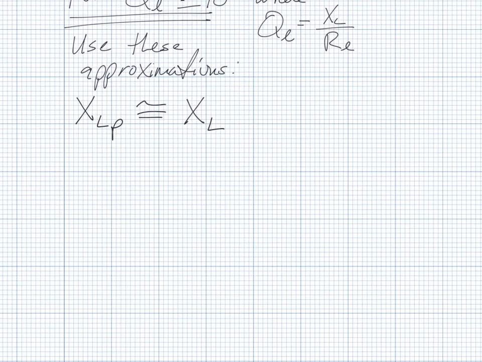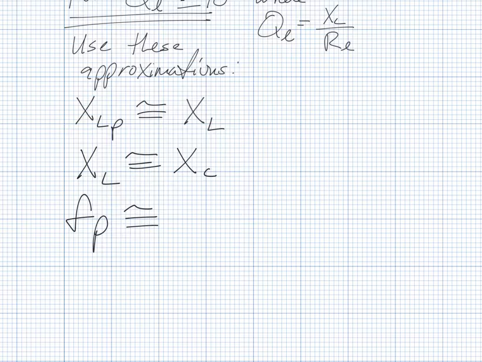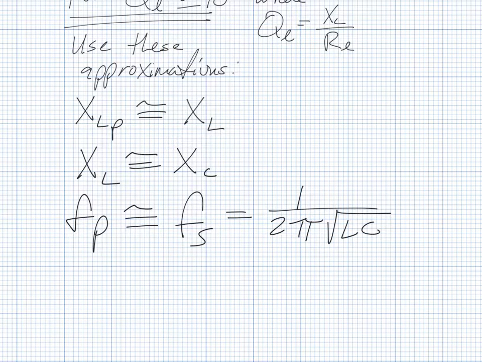What else can we say? Obviously, if we're dealing with a resonant circuit, the reactance of the inductor is approximately equal to the reactance of the capacitor. We're also going to say that the resonant frequency for the parallel circuit is approximately equivalent to the resonant frequency of a series circuit, which is basically 1 over 2 pi square root of LC.